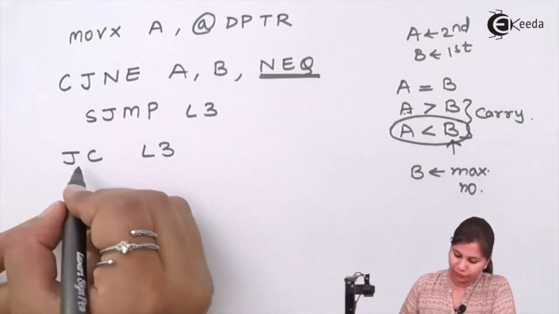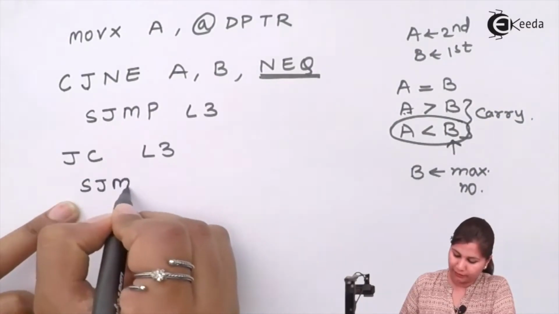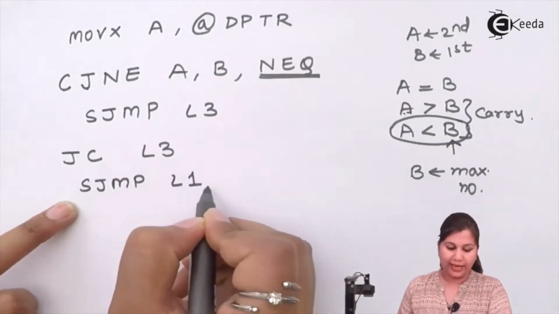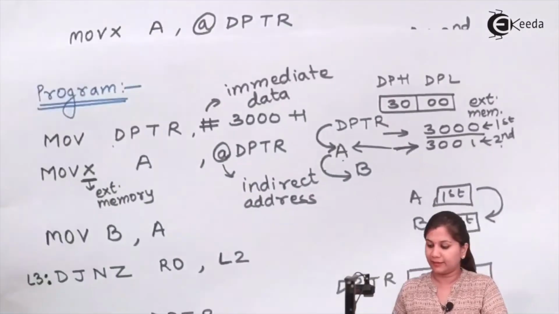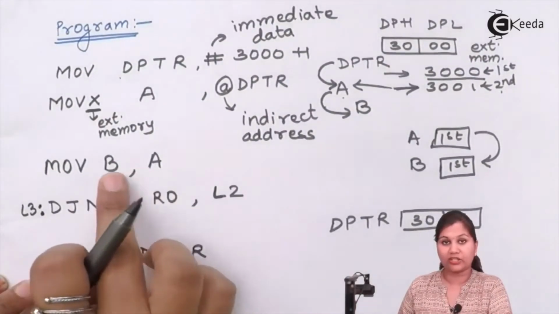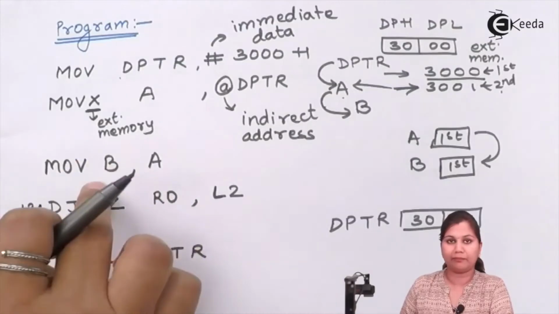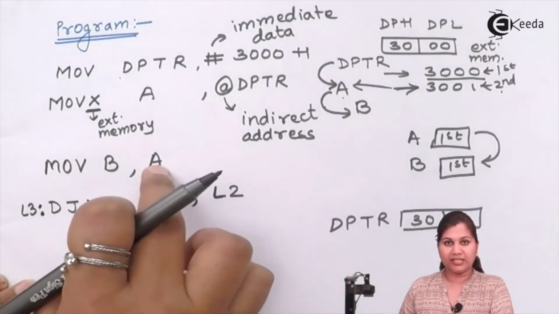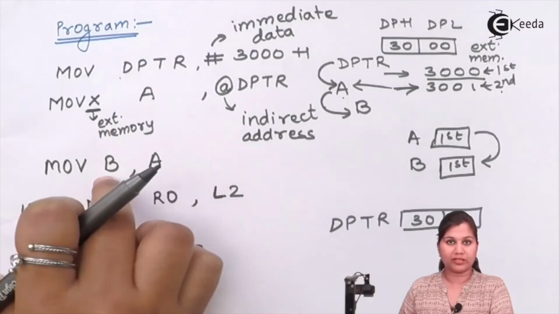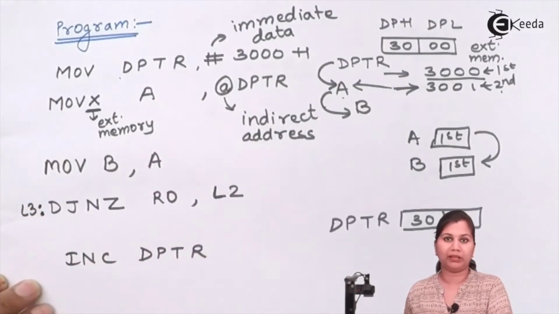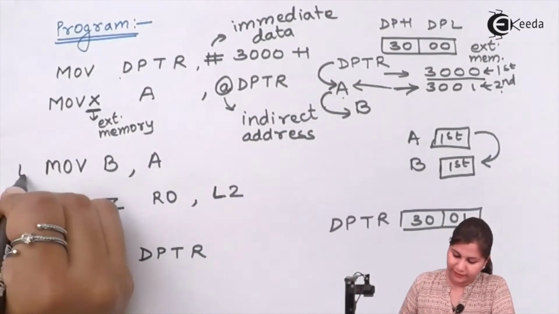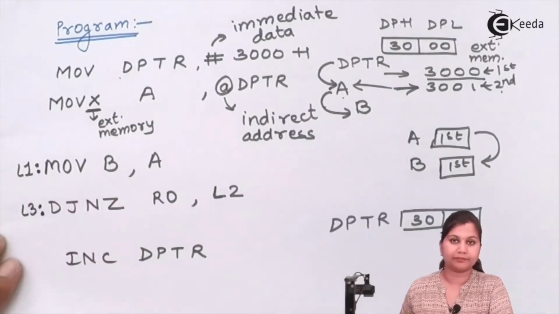So we will jump to a memory location L1, and L1 is at this instruction where we are exchanging the contents of A and B. The greater number in A will come in register B, and then it is going to repeat the process. So L1 is given at this memory location.